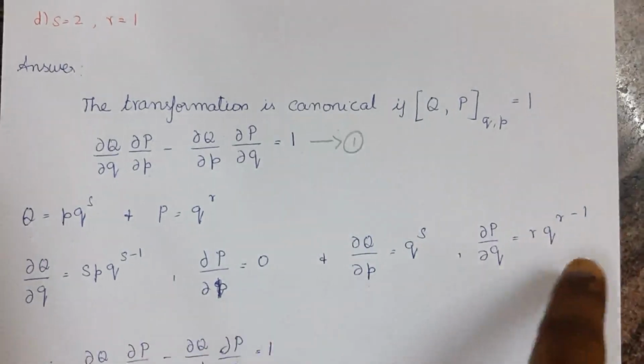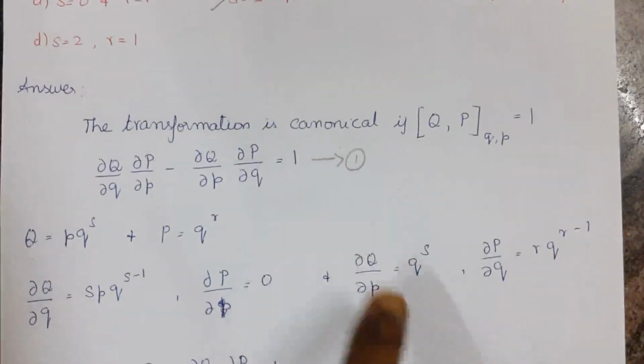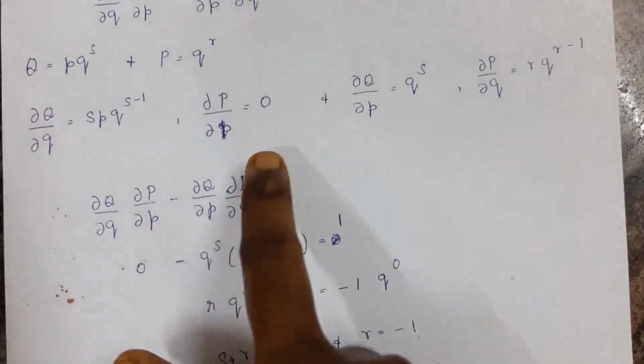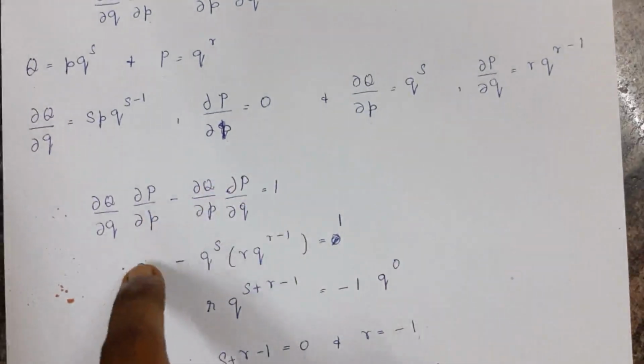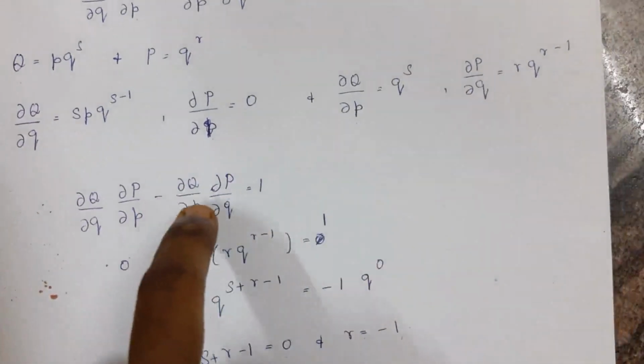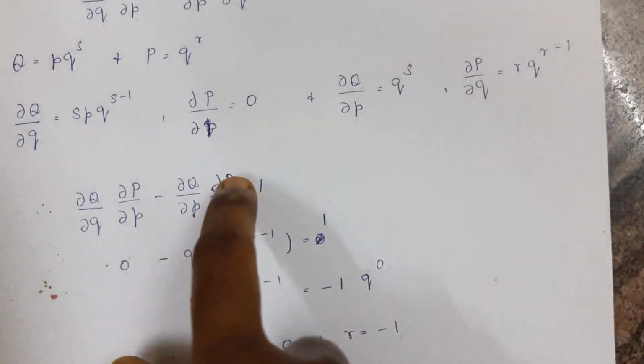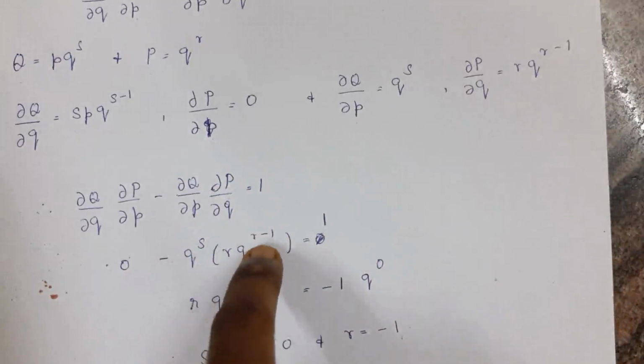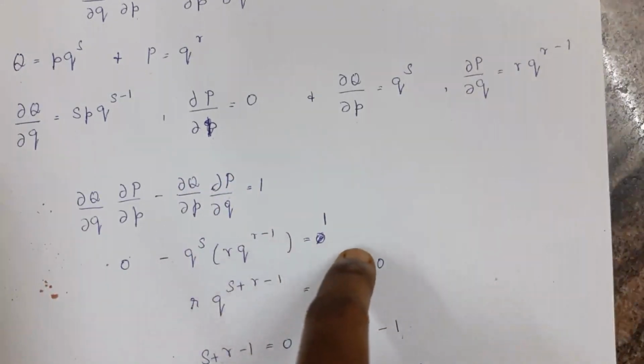Now substitute the values in equation 1. As dou P by dou p is equal to 0, this entire term will become 0. Then substitute the values of dou Q by dou p and dou P by dou q. That is, q power s into r q power r minus 1 is equal to 1.